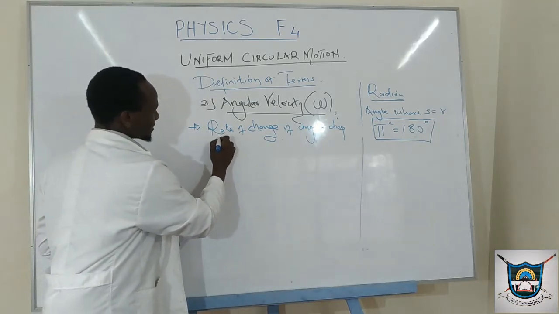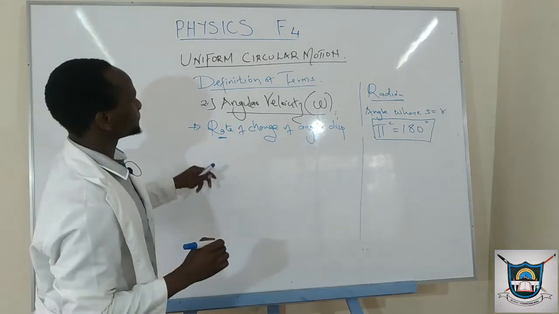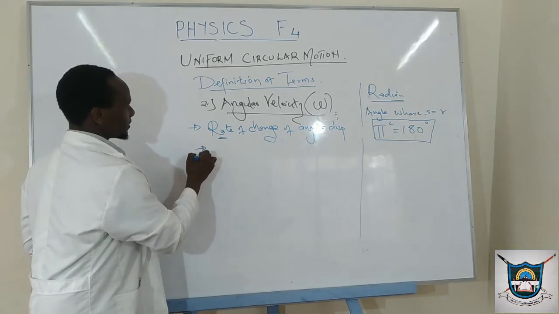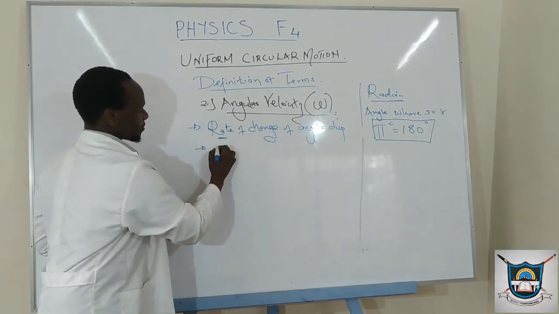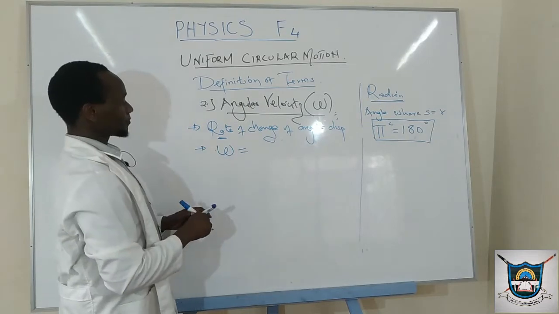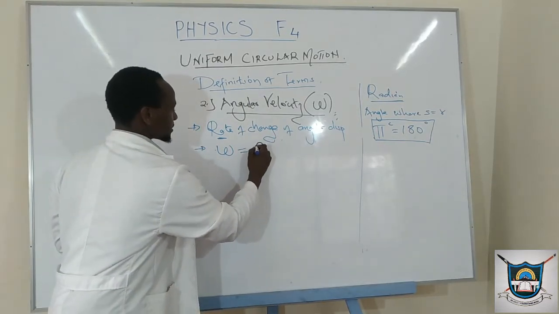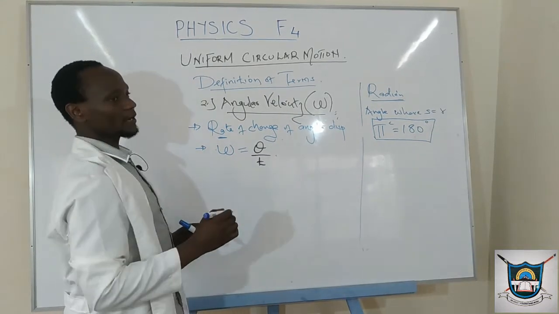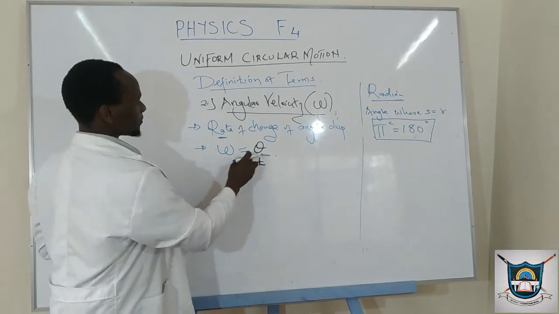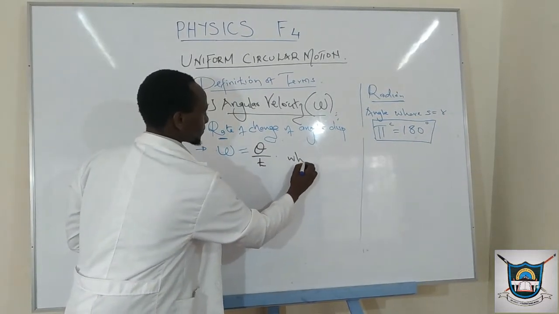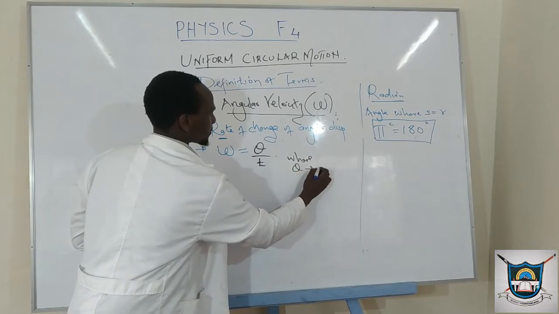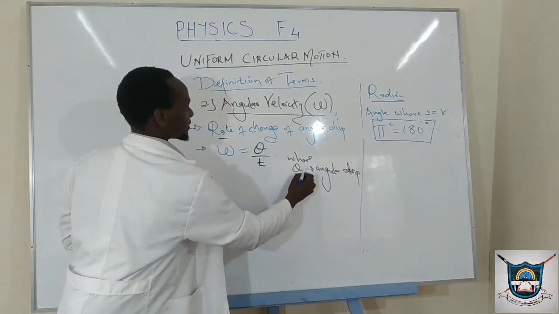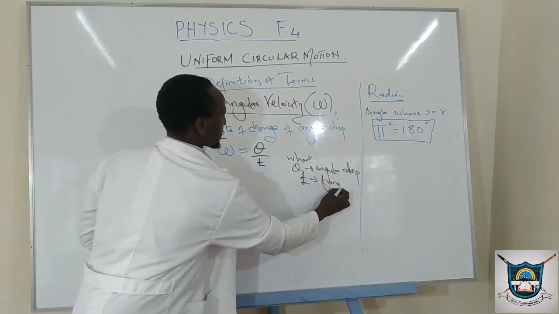The word rate in our case here means time. So we can come up with a formula. The formula for angular velocity: omega equals theta over time, where theta is angular displacement and t is time.